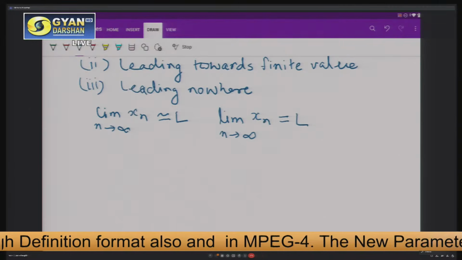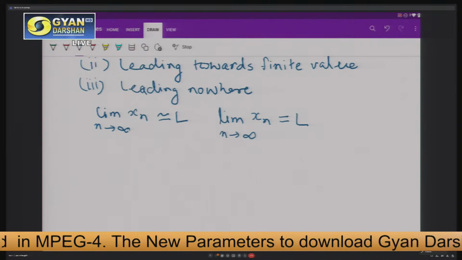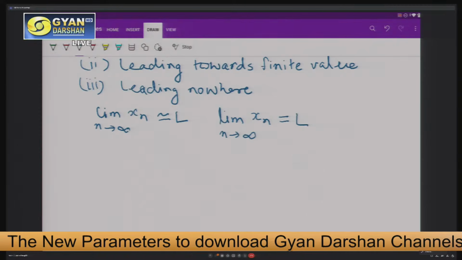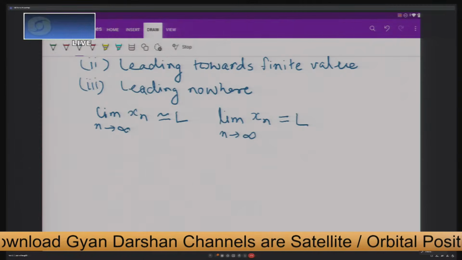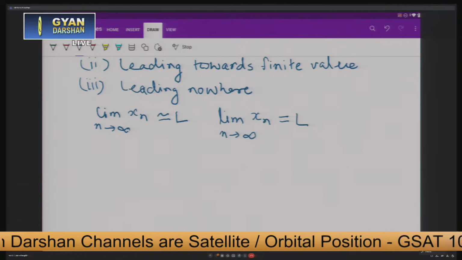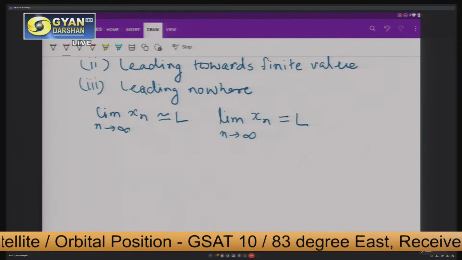Now this is not the complete definition according to mathematics. So let us define the complete mathematical definition.